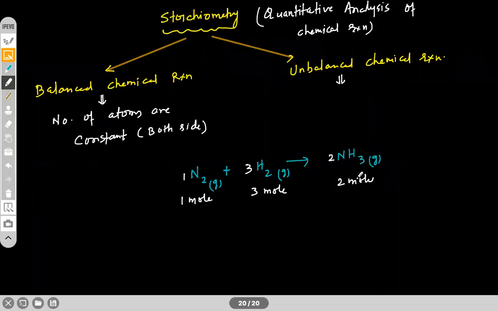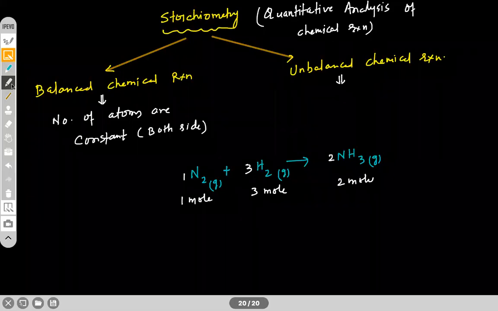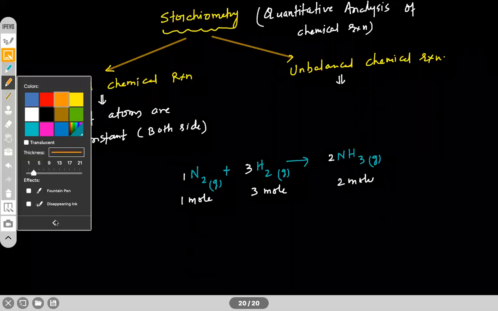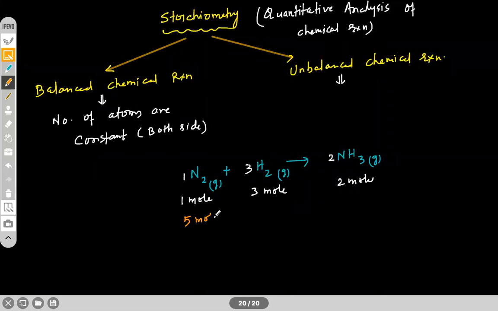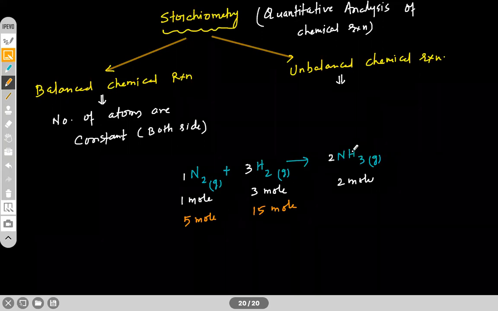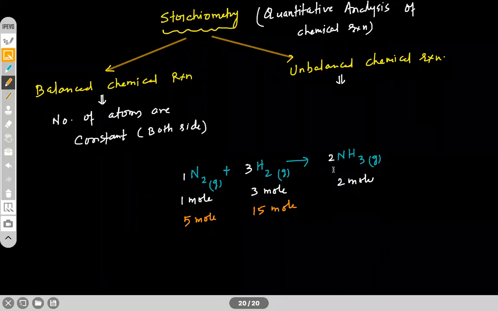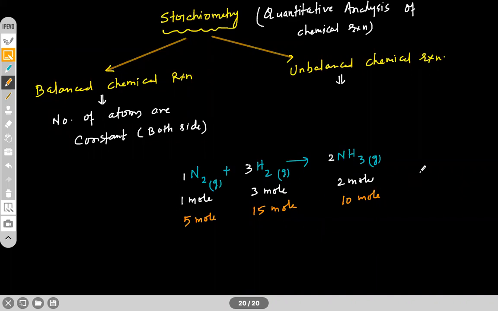Correct? Could you tell me, if I take 5 moles of N2 and 15 moles of H2, what is the amount of NH3 formed? 10. Good. 10 moles of NH3 form.